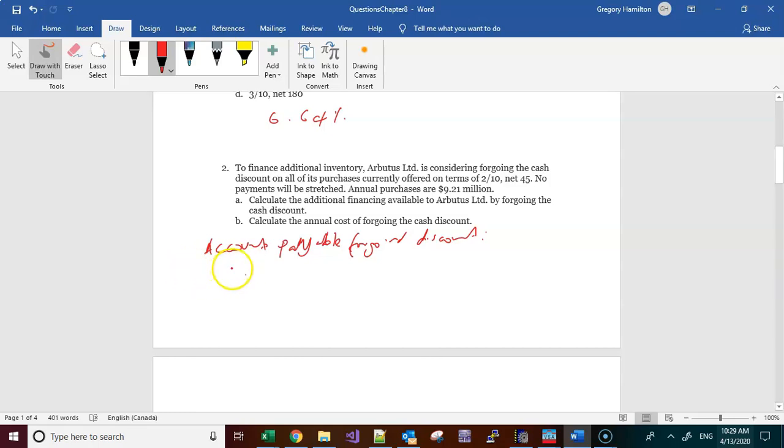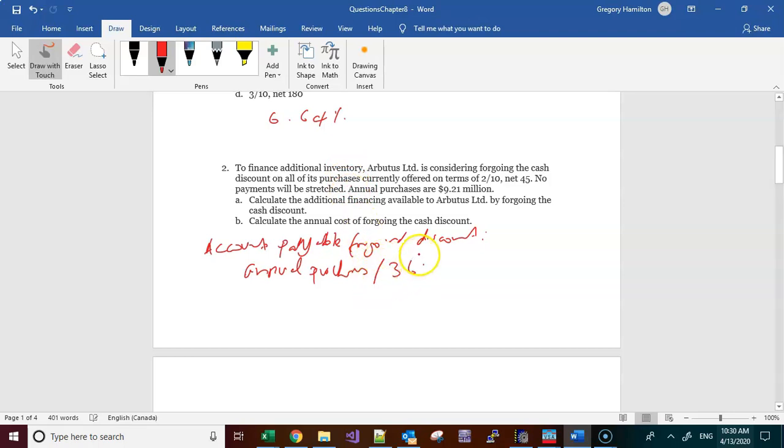So that would be annual purchases divided by 365. I'm sorry, not multiply, but divide, right? Because we're trying to find it for each day. So that would be divide.